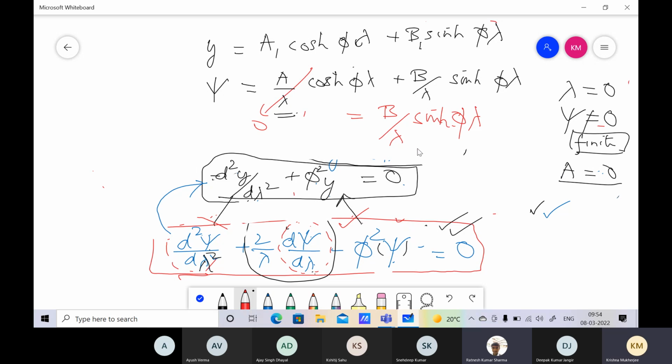And now we can use the other boundary condition, which is lambda is equal to 1. What is phi? CA by CAS, what will it be at lambda equal to 1? I just told you. It is 1. Okay. So if this is true, then what is the value of b?